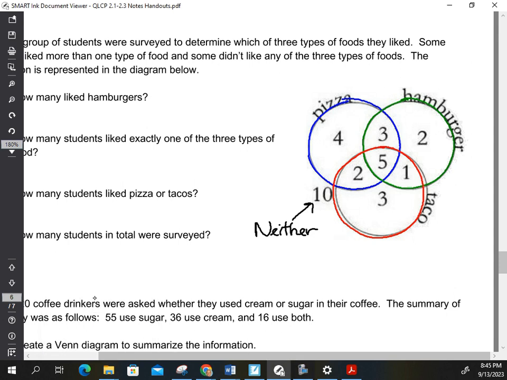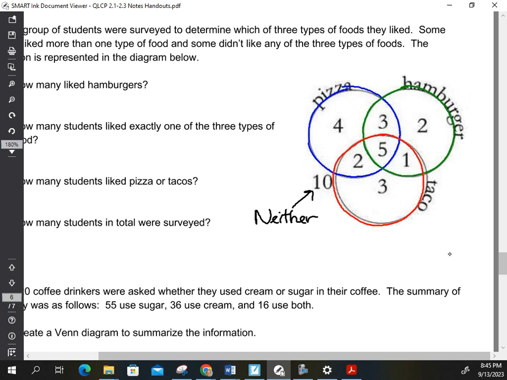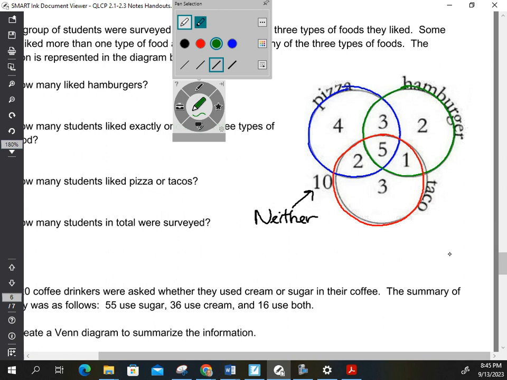So let's start with how many liked hamburgers. We're going to start with something simple. In this particular case, you're going to look in the hamburger circle. There's the hamburger circle. I'm highlighting it just to make it more visual.